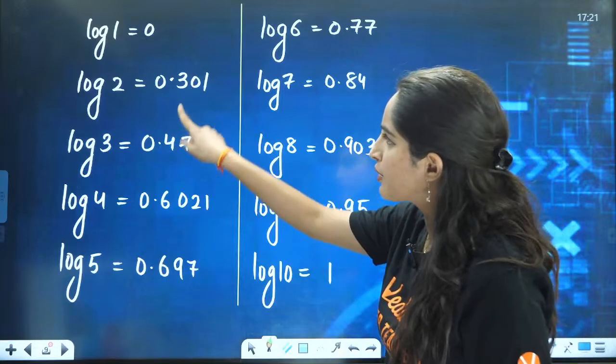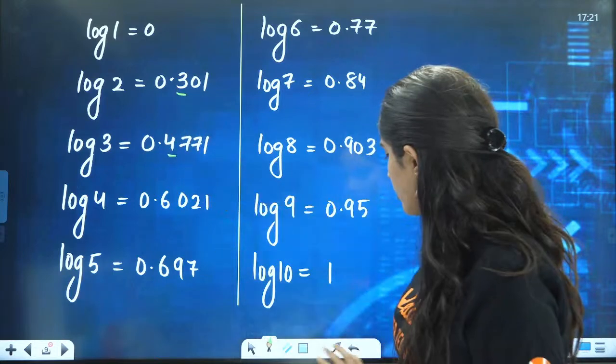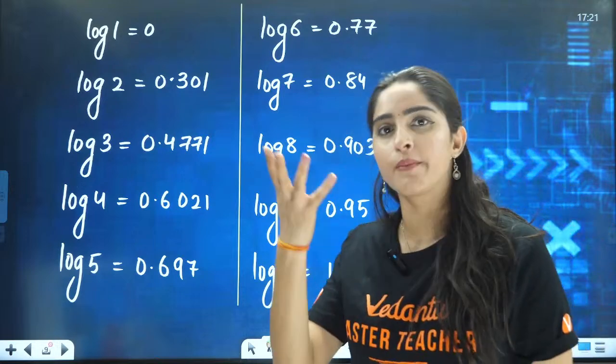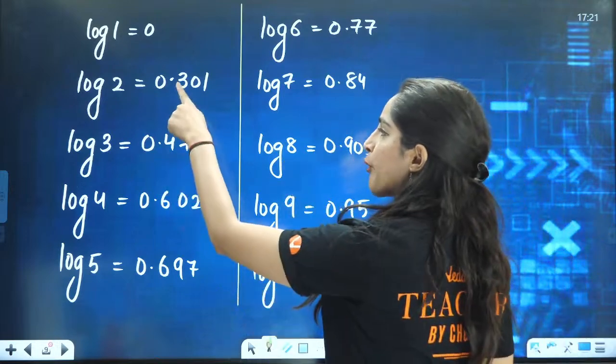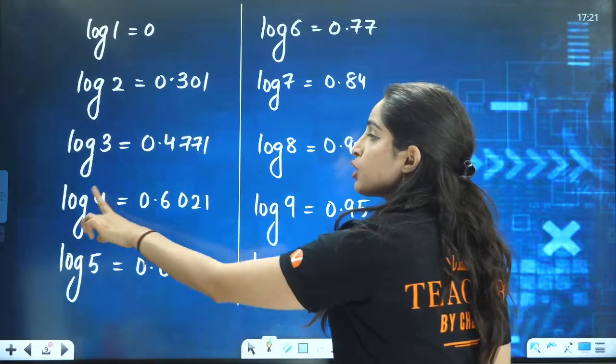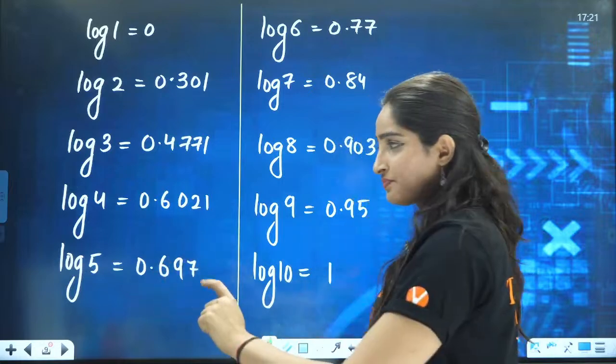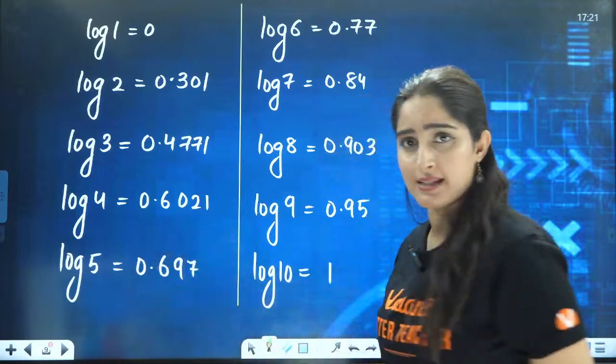If you remember the first digits only, then also it's fine. By doing more and more practice, you will remember this. Log 2 is 0.3, log 3 is 0.4, log 4 is 0.6. Then you have again 6. Log 5 is 0.6, right?